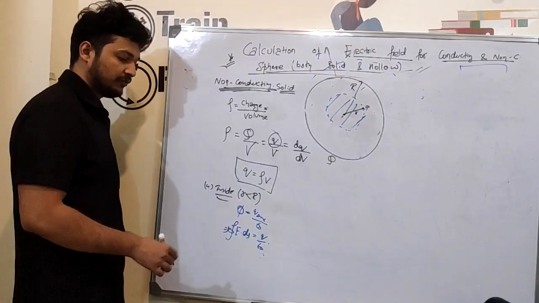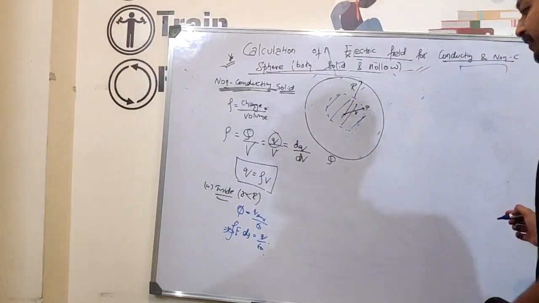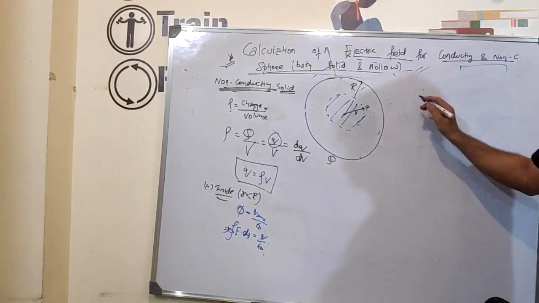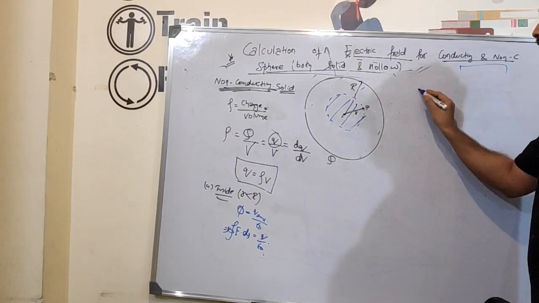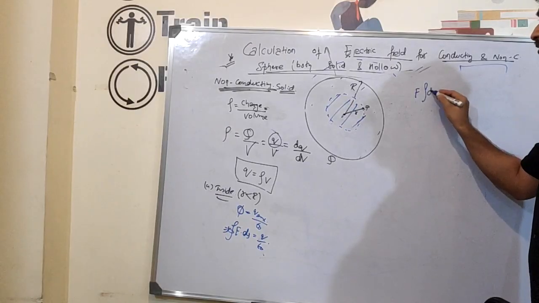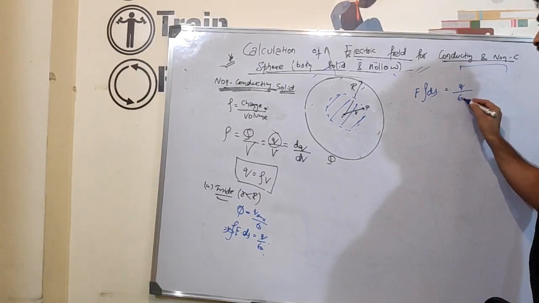You can see the electric field again is going to be symmetric, and it will come out of the integration. That means E dot dS will be equal to charge Q divided by epsilon naught.